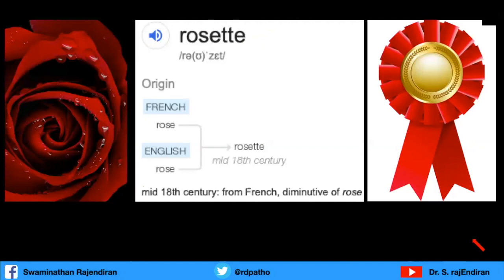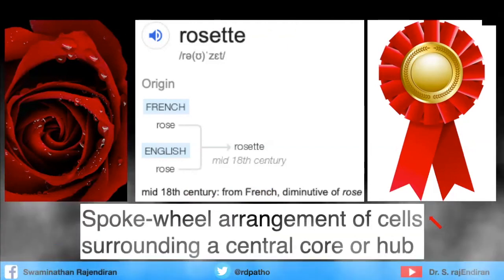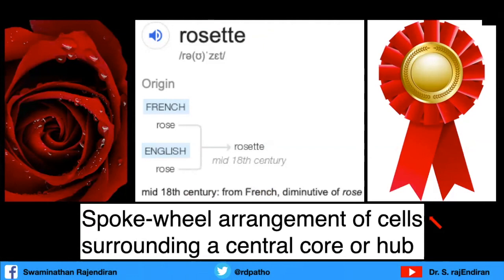So according to the English definition, rosette means diminutive of rose, and it is used from mid-18th century, and the word is derived from French. Even the badge we use for the conferences are also known as rosettes. But for pathology definition, it's a spoke wheel arrangement of cells surrounding a central core or hub. This definition is very important.